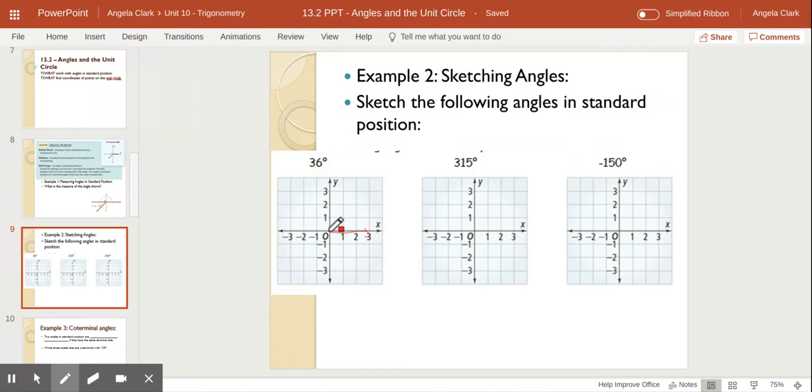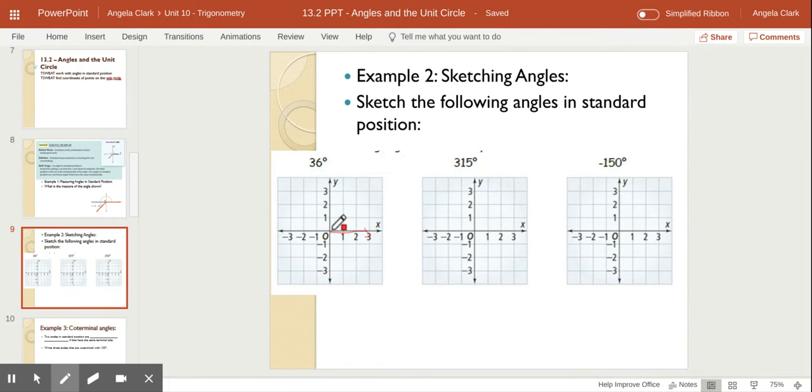So I'm not asking for anything super specific, just a sketch. So it needs to be approximately right. So I know that 45 degrees goes straight up like this. It's halfway, right? So it's going to be along this line here. 36 is going to be less than that.